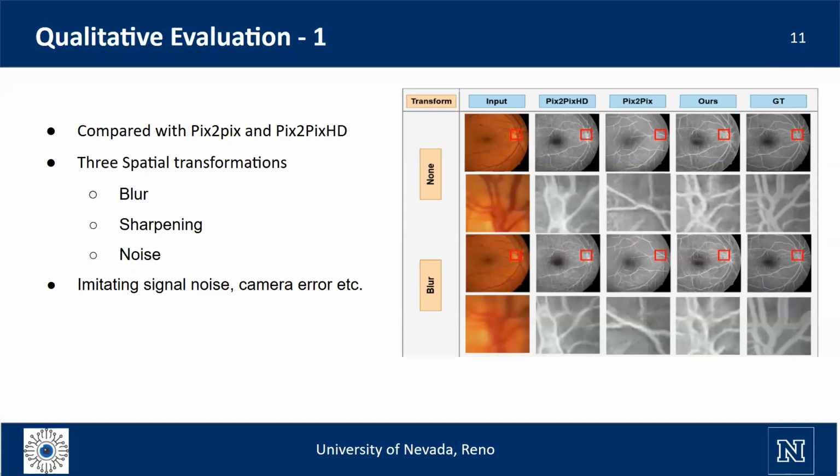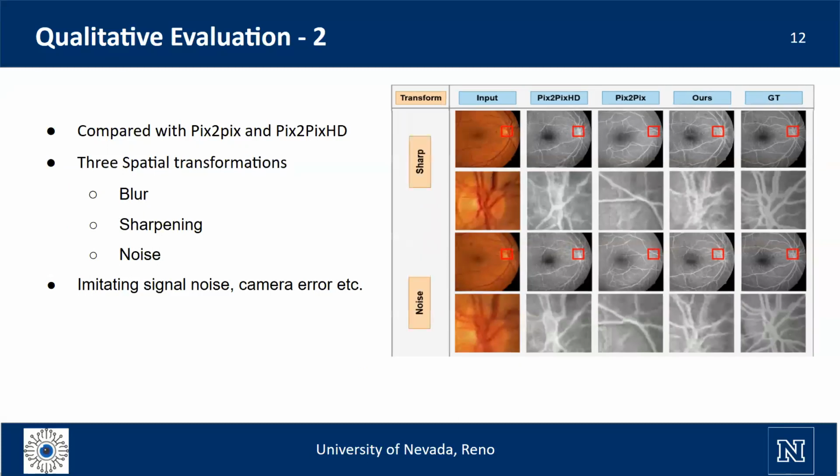We can see despite these changes, our model's prediction remains stable and vessels are quite distinguishable in this image. Here are also some examples of some transformations. And you can see from these images that Pix2Pix and Pix2Pix HD were really bad at extracting vessels and arteries from the fundus images, whereas our architecture was really good at extracting this information.